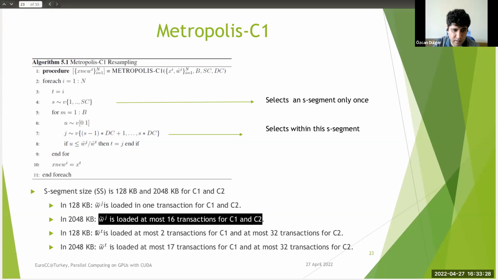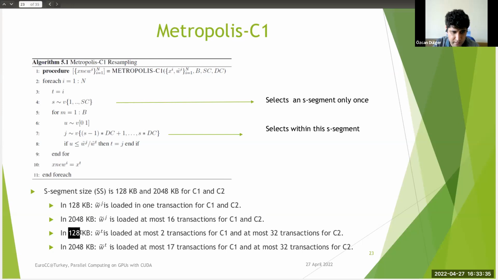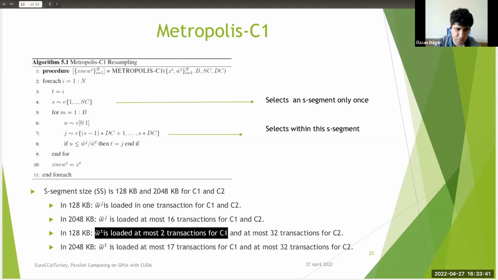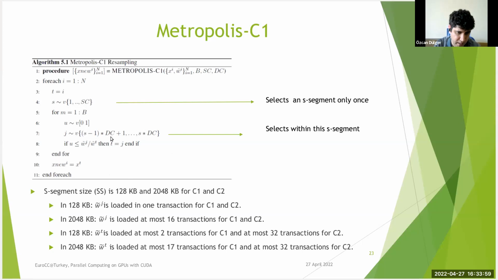For WT, when the segment size is 128, WT is loaded in at most 2 transactions for C1. The first one is coming from the selected segment. At most 2 transactions means it may access at most 2 different segments.